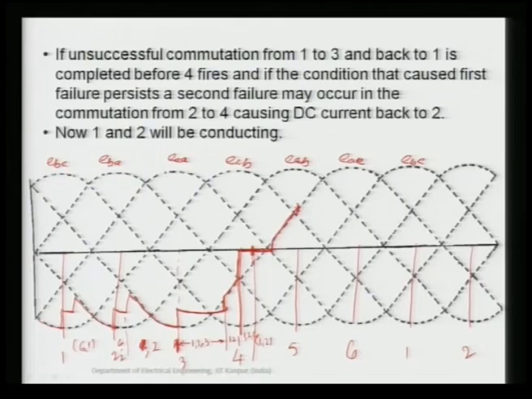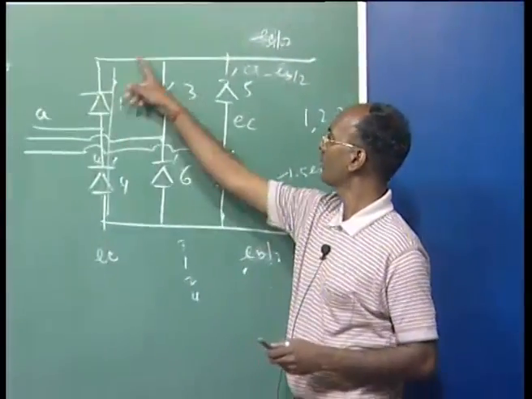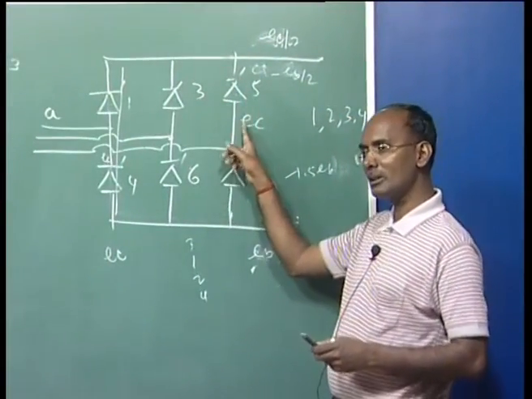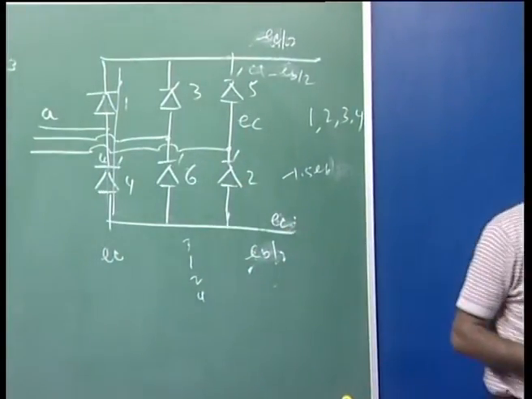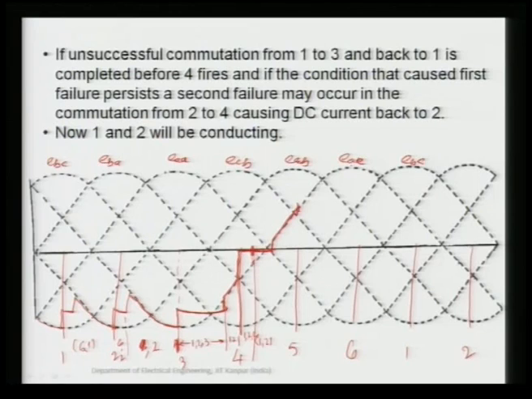Once 1 and 2 are conducting, you can see 5 is still negative. 1 is conducting here and 2 is conducting, so you see ECA is negative, it will not conduct. And it will continue till the turn of 6.